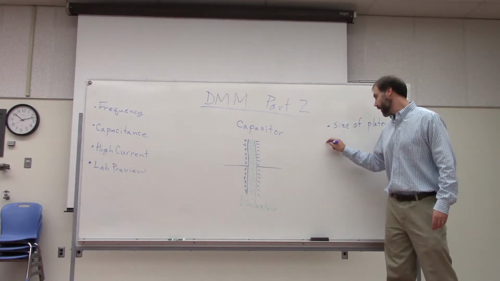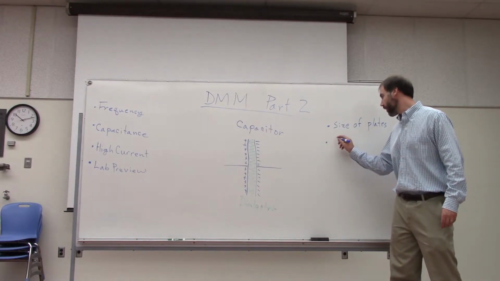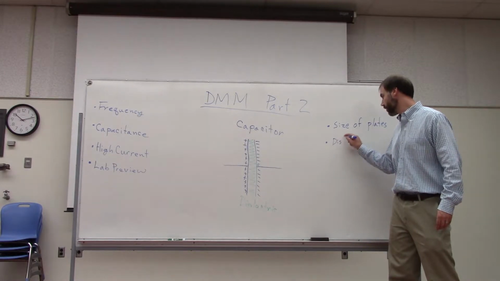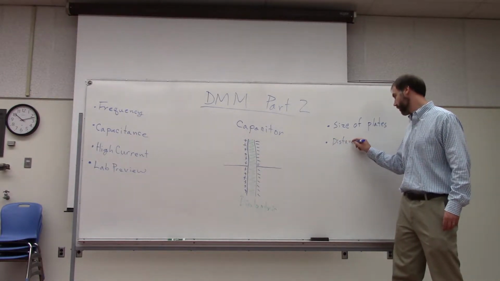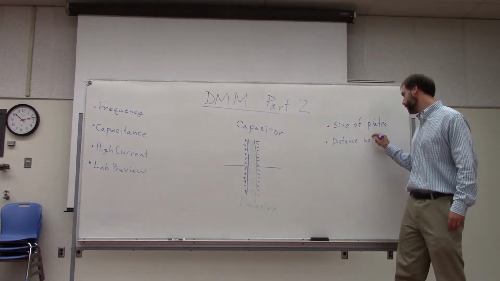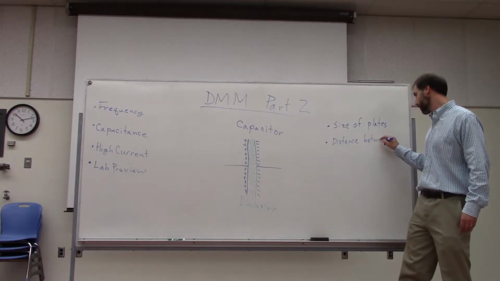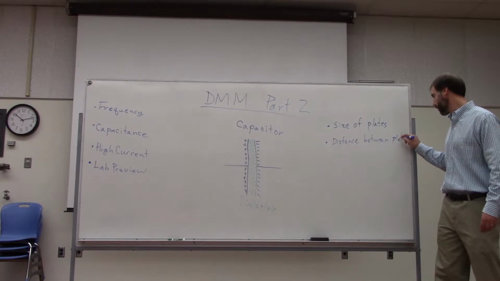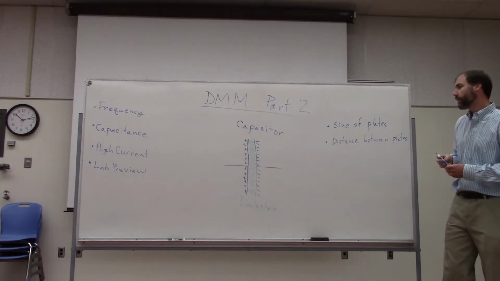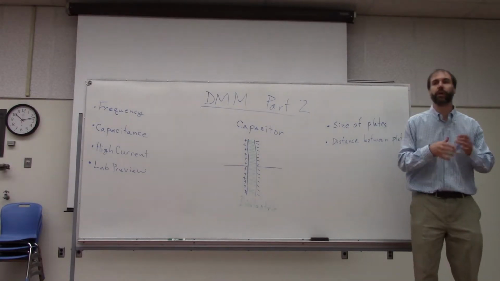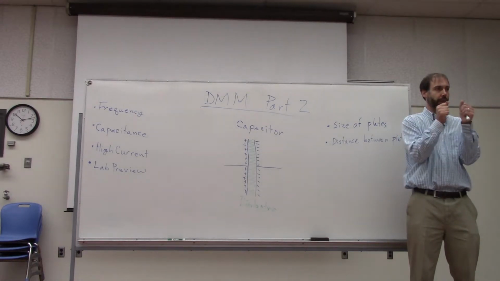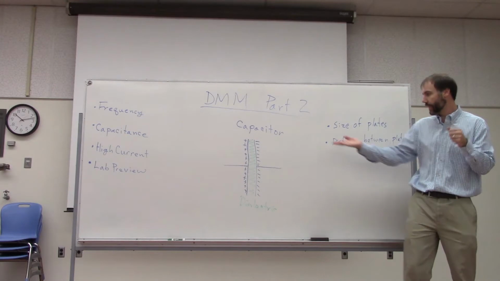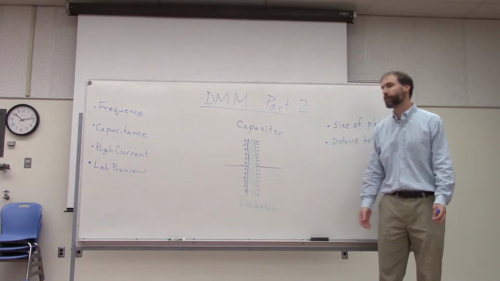The next thing is the distance between the plates. Okay, so you know, if you've ever played with magnets, the closer they get to each other, the harder they pull on each other, right? It works the same way with the electric charges.